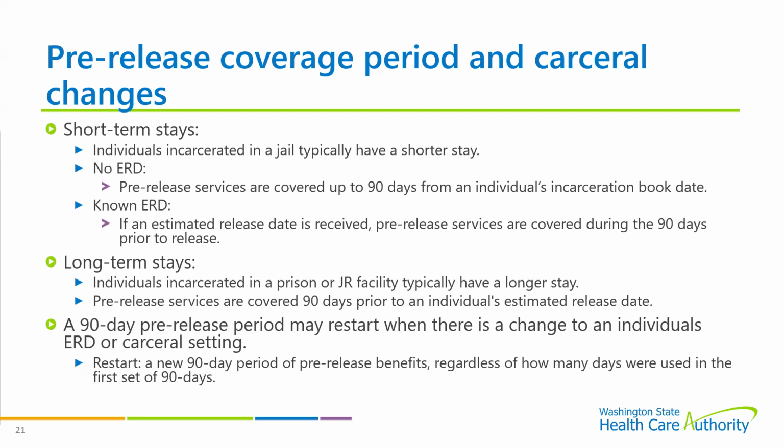With long-term stays, such as incarcerations in prisons or JR facilities, pre-release services are allowed 90 days prior to their estimated release date. To accommodate changes in release dates or in carceral setting, the 90-day period of pre-release services may be restarted, which will give an individual a new 90-day period of pre-release benefits, regardless of how many days were used in the first set of 90 days.